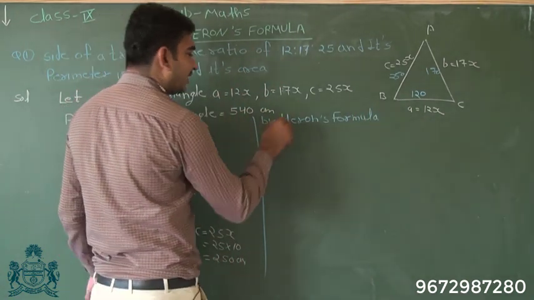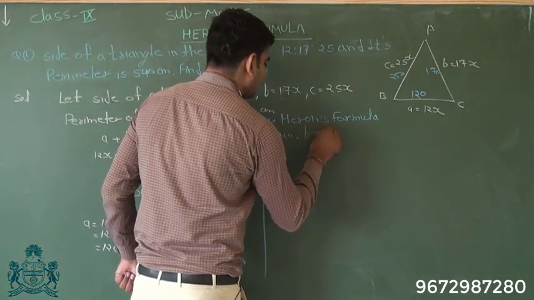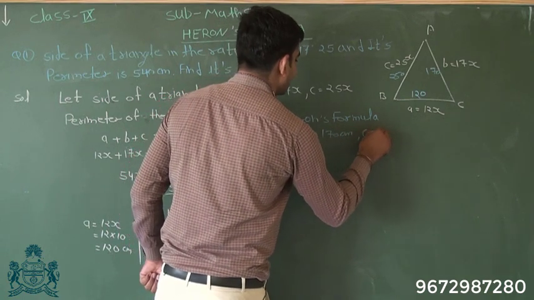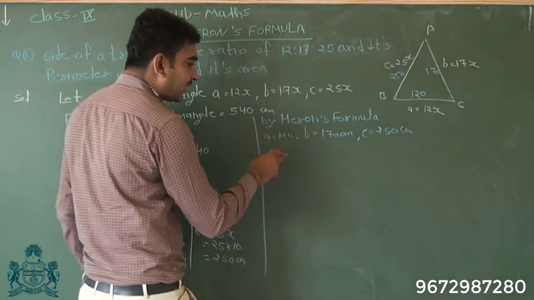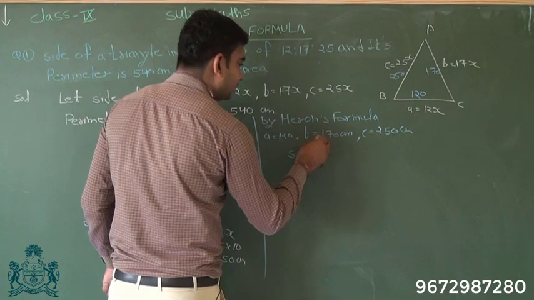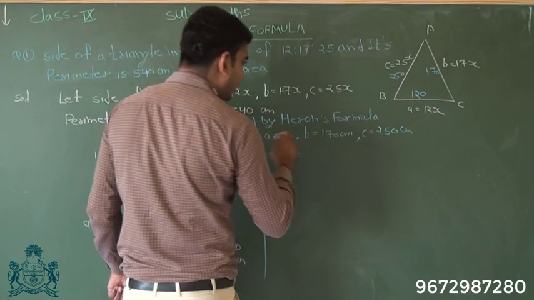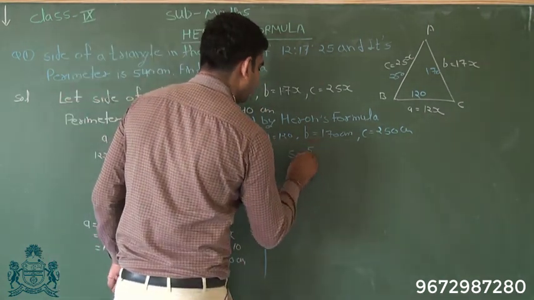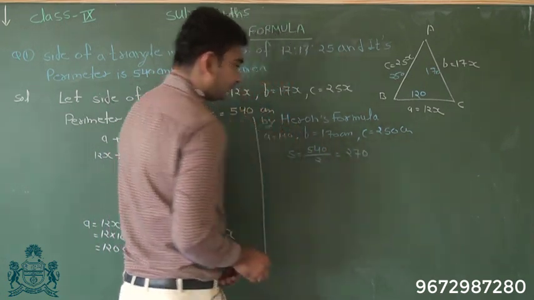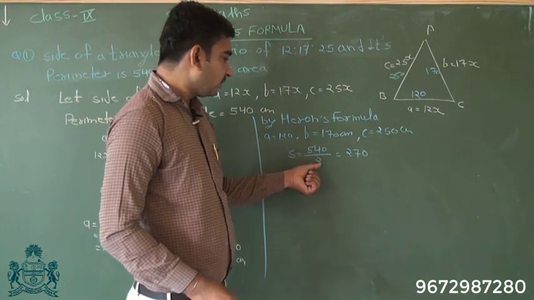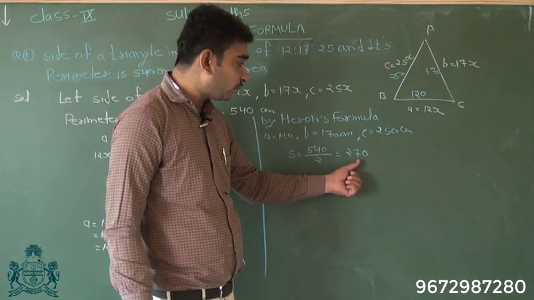By Heron's formula, a equal to 120, b equal to 170 centimeters and c equal to 250 centimeters, and the semi-perimeter s equal to a plus b plus c, half the perimeter of the triangle, equal to 540 upon 2. So s, the semi-perimeter, equal to 270.